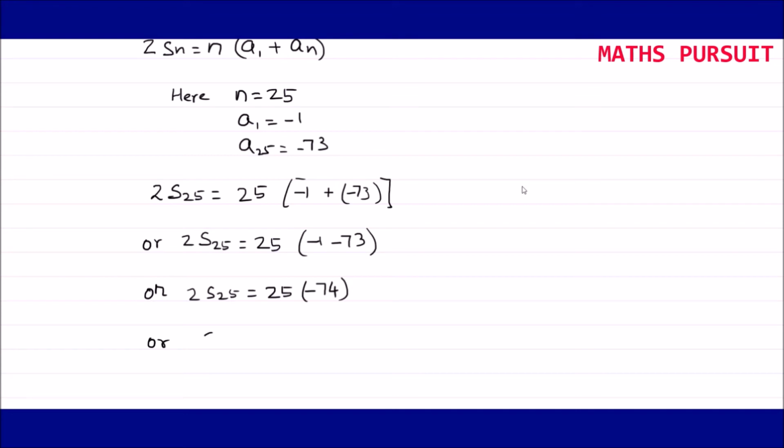Or I can write S25 = 25 into -74 upon 2.